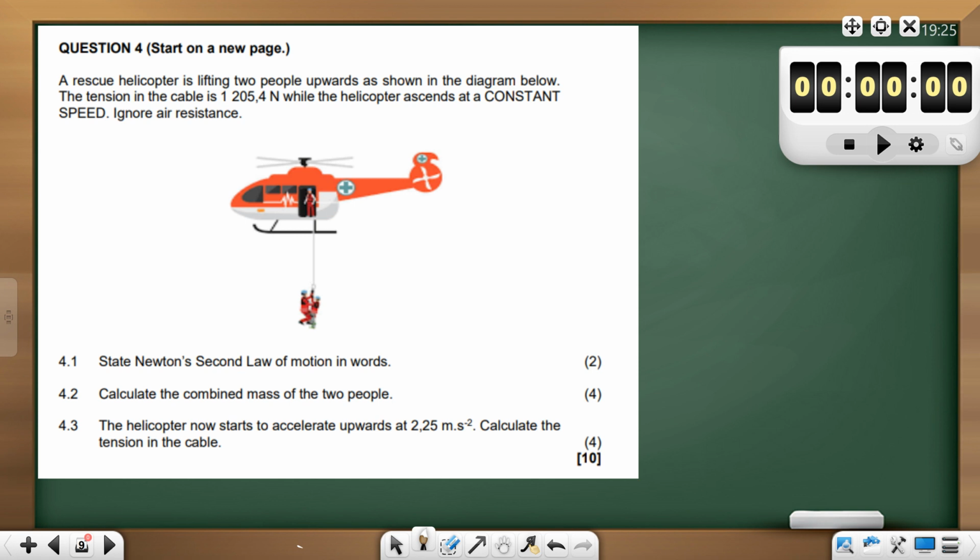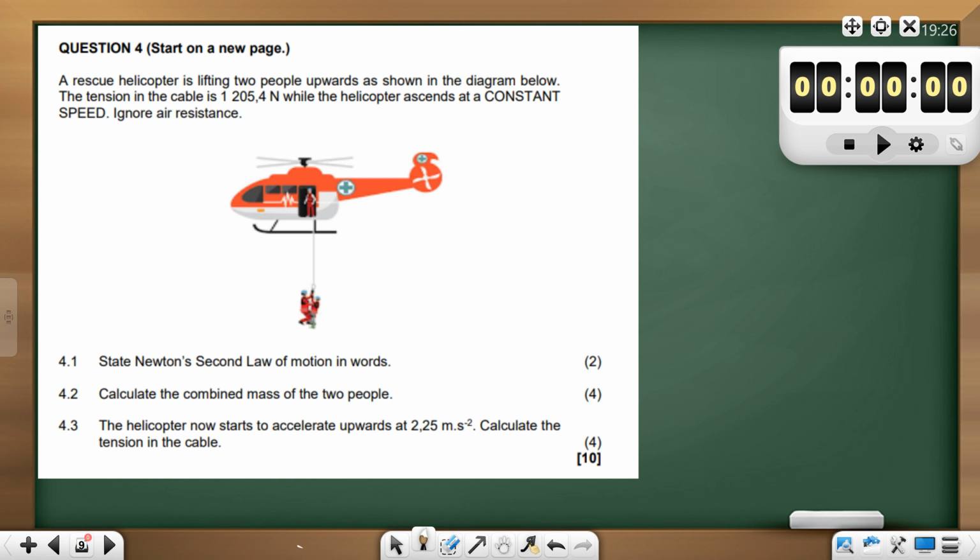Lovely. Yeah, what's your answer? One, one, two, three. All right, these guys have 111,61 as the mass. What did you get for 4.2? 1, 2, 3. Okay, let's see.